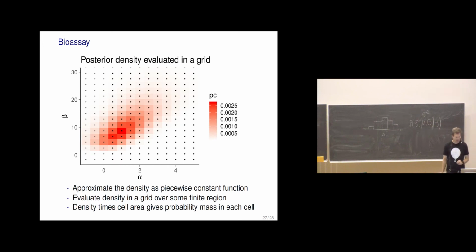So this now shows everywhere we evaluated it. You can see that we have been evaluating it in many locations which have very small density, and after normalization they would have very small probability.